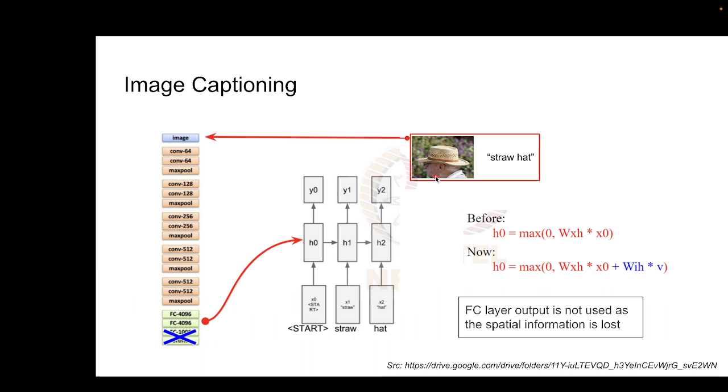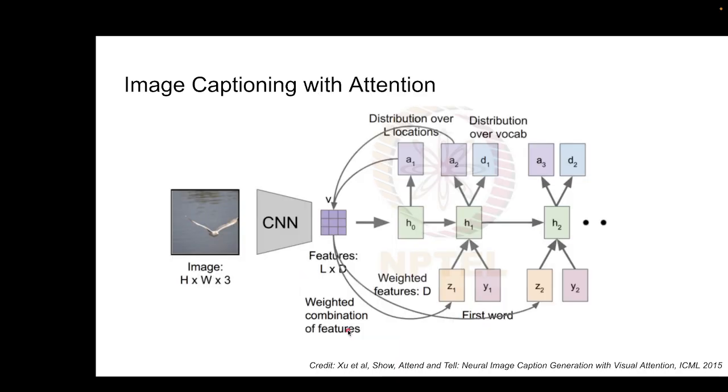All these spatial relationships would be lost. And hence the next thing attention people did is, instead of taking the FC layers here, they would use the CNN outputs or activations from here, and then they would combine them with the RNN inputs through attention, right?